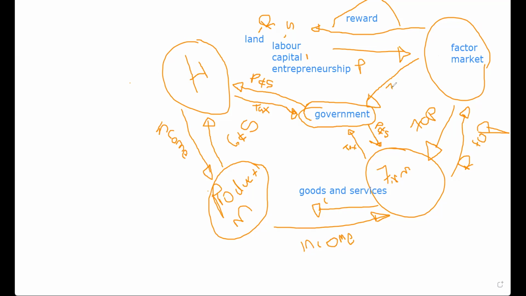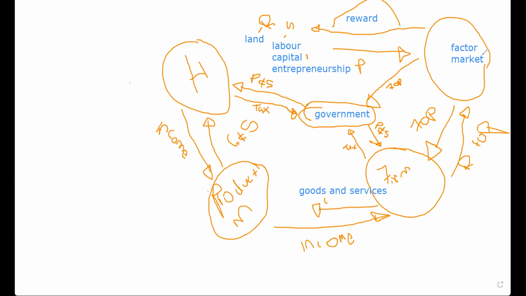This is going to be FOP. Now, maybe someone is asking, why isn't the government taking the factors of production from the households? Because the households render all the factors of production to the factor markets.